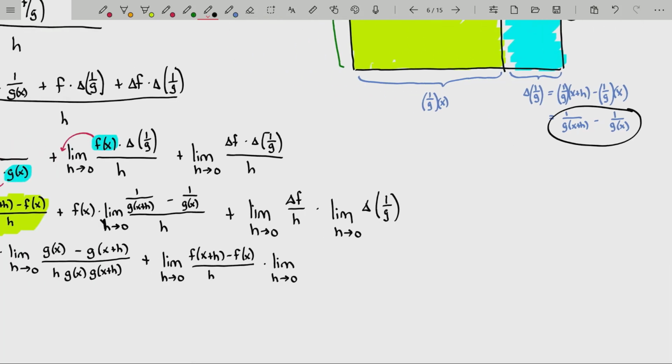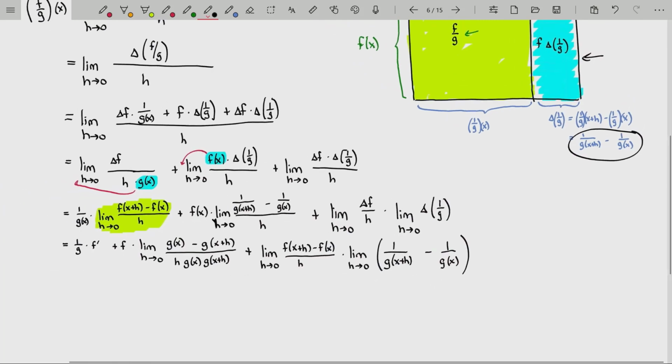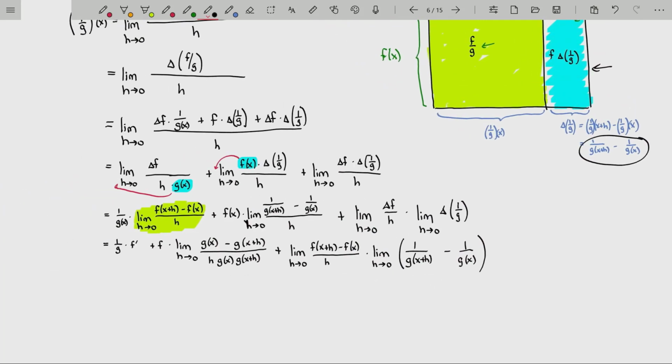Oh, there it is. It's 1 over g of x plus h minus 1 over g of x. All right, so far so good. That is actually not too terrible. All right, let's see what else we can do here.